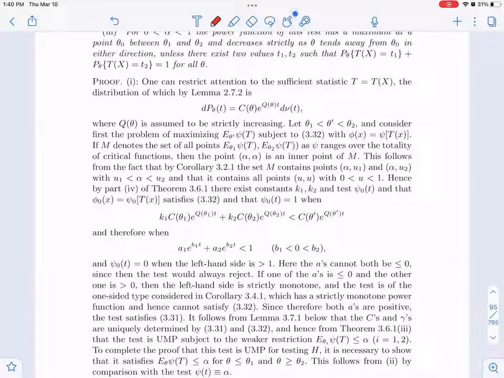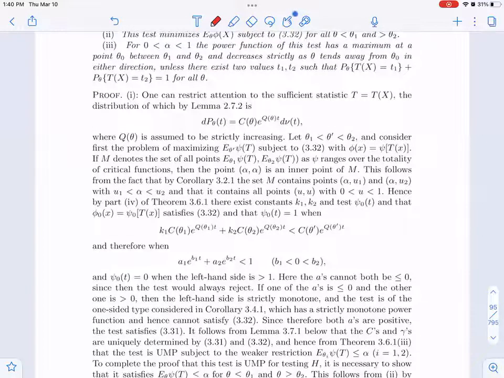Okay, so the first step is that we're going to work with the sufficient statistic. You pass to the sufficient statistic, and you can show that the sufficient statistic is also going to have an exponential distribution. We didn't talk about this, but that's true. So let's say this Q is the eta, and this is theta, the distribution of T would have a density just simply e to the theta T, with respect to a push forward measure.